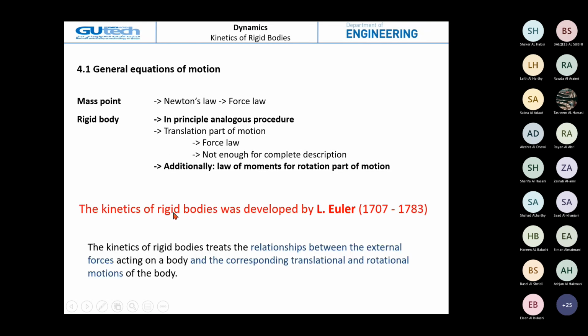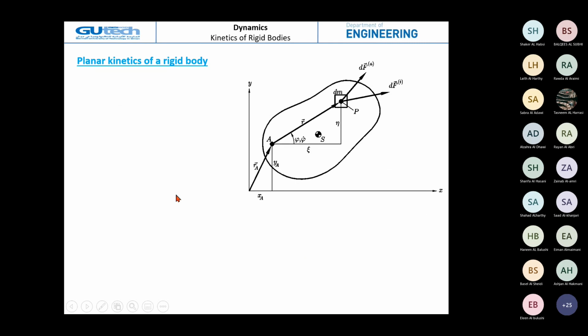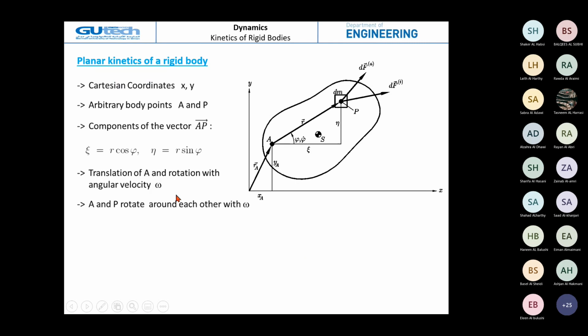Then we say the kinetics of rigid bodies was developed by Euler. The kinetics of a rigid body treats the relationship between the external forces acting on the body and the corresponding translational and rotational motion of the body. Now we take here the planar kinetics of a rigid body.